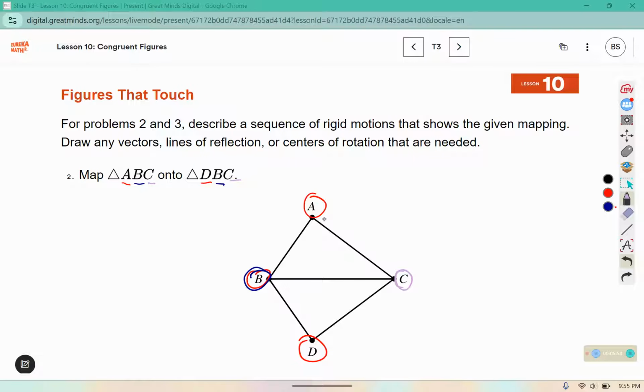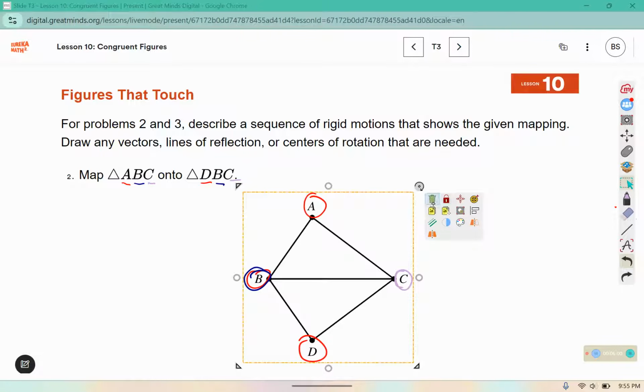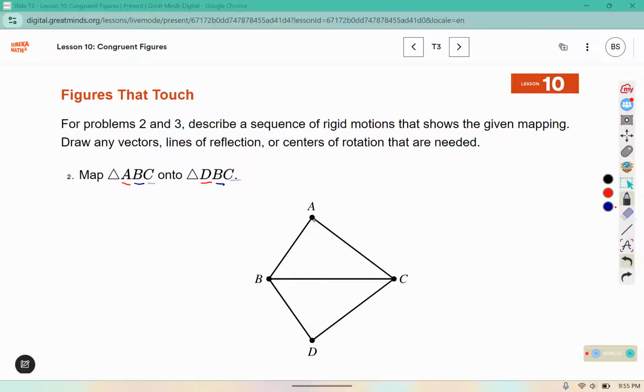So how could I get A to move down here to D? If I were to trace A, B, C, how could I get this triangle to turn into this bottom triangle? This appears to be a reflection.